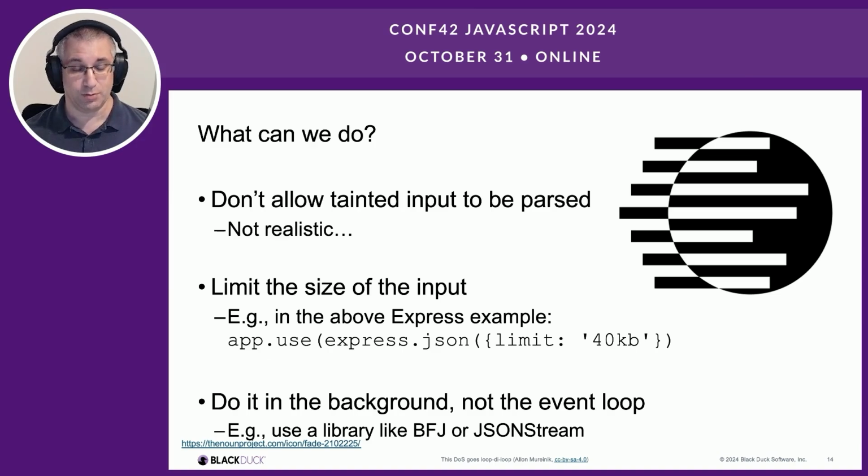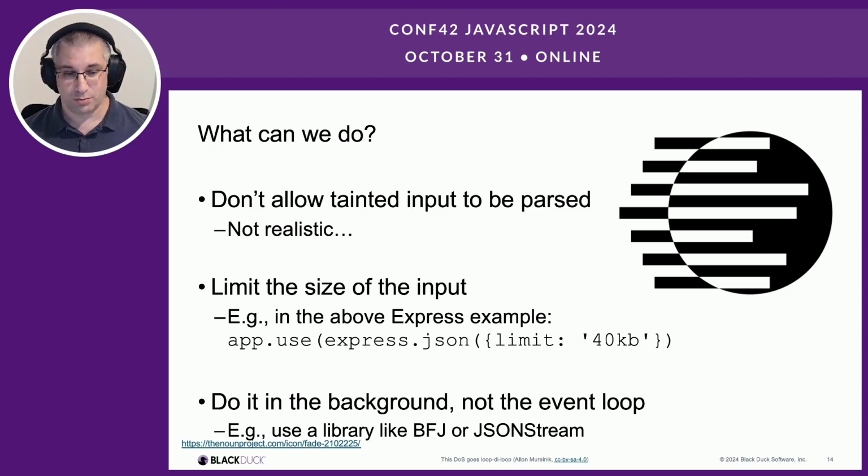Definitely don't use JSON.parse yourself, but use a different library that can process large JSONs in the background as an asynchronous task. Libraries like JSONStream or BFJ, that stands for Big Friendly JSON. And no, you will not convince me the F stands for anything but friendly.